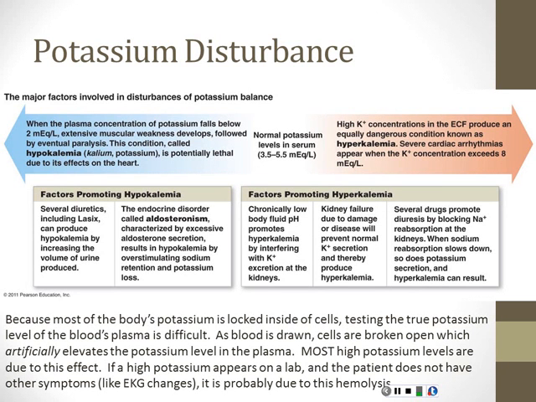There's no other place in the body that potassium is shed. So when your kidneys don't work right, your potassium level has a tendency to go up. So one of the reasons that kidney failure patients need dialysis as often as they do is sometimes to get the potassium out of them. And typically, a patient in renal failure is on a very low potassium diet as well because of that.